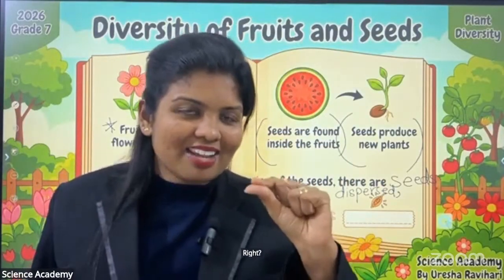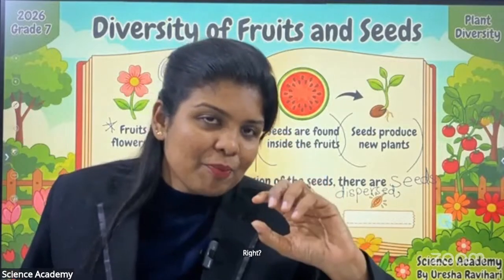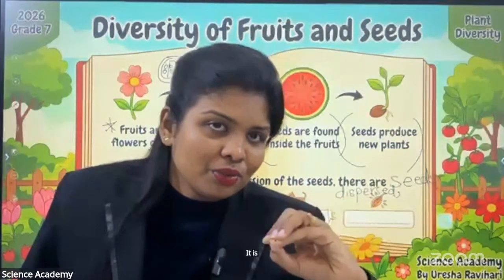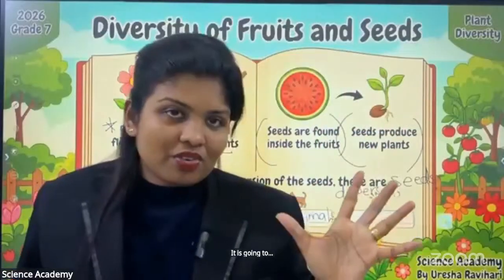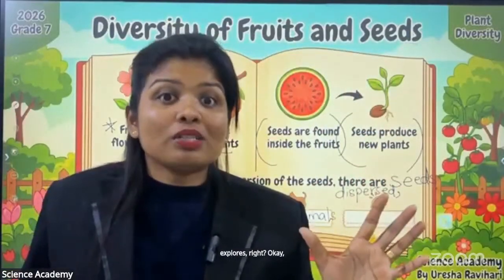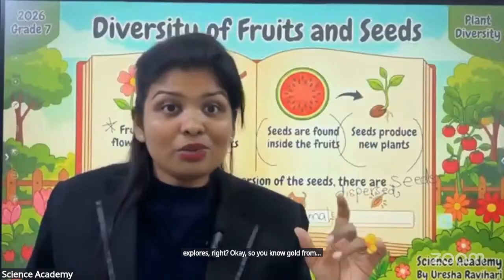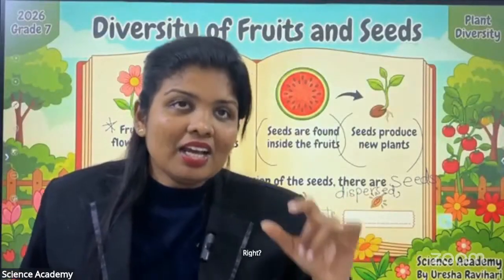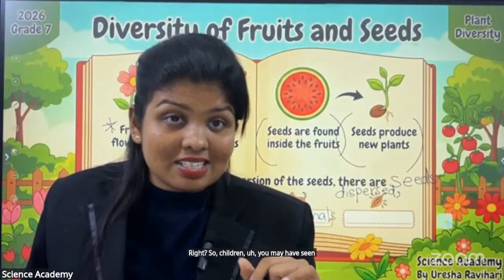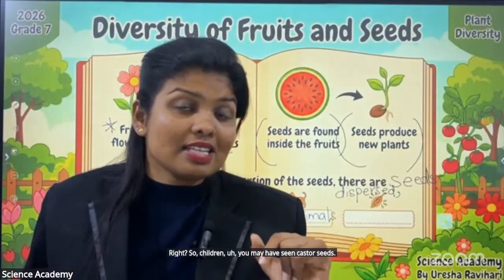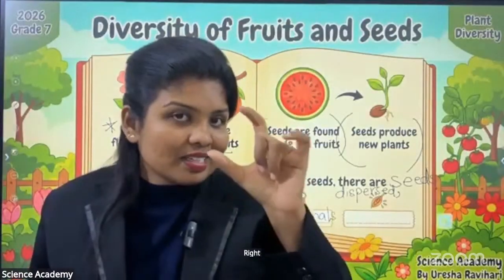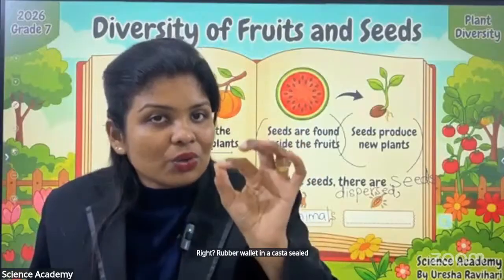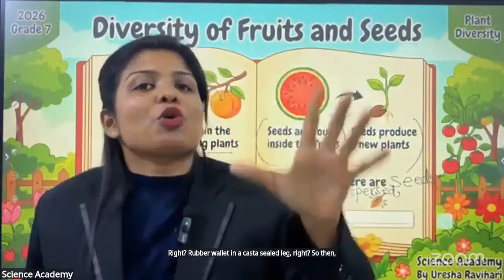Not press, then what will happen? It is going to explode, right? Okay, so you know balsam seeds, kudalu, right? So children, you may have seen castor seeds, rubber castor seeds, right? Rubber wala තියෙන castor seed එක, right? So then it's also an explosive mechanism.